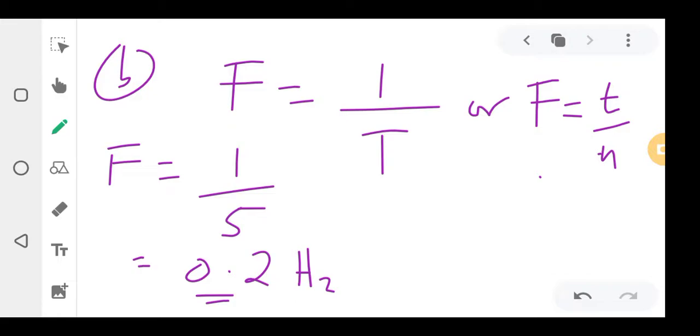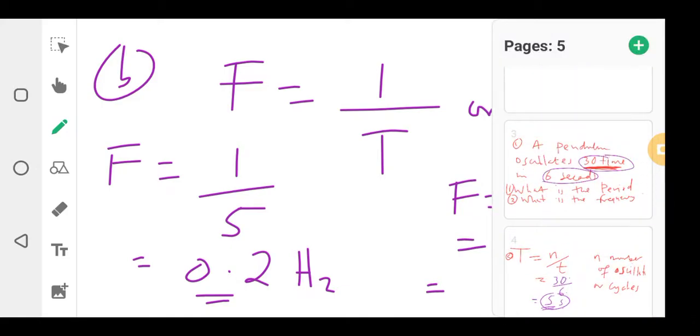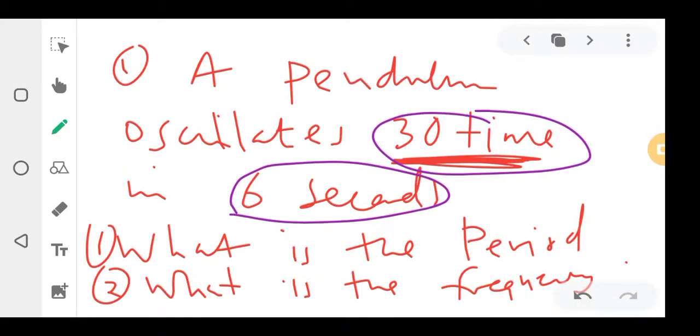What about if I use the other formula? Frequency is equal to T over N. The time was 6 seconds, over the number of oscillations, which is 30. Sorry, we made a mistake earlier.